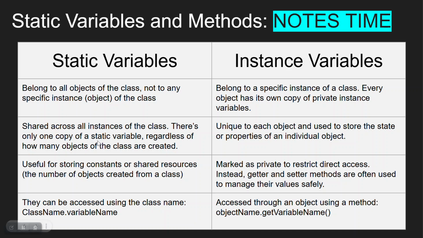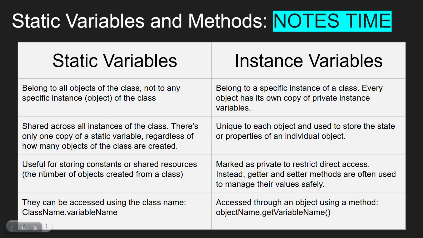There's only one copy of a static variable, regardless of how many objects of the class are created. Instance variables are unique to every object, and they are used to store the state or the properties of that individual object. So there are multiple copies of those variables, because every time you create a new object, you also create new copies of the instance variables.